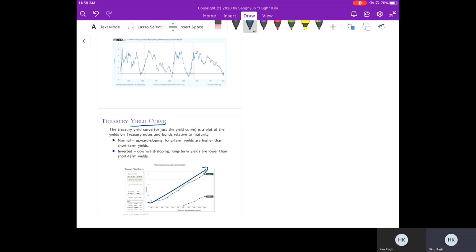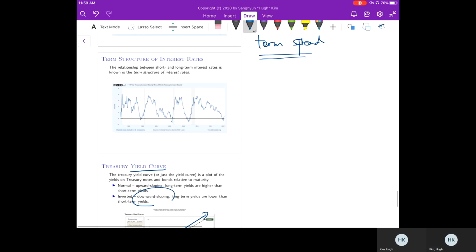However, sometimes the yield curve is inverted, so it may be downward sloping, meaning that long-term yields are lower than short-term yields, which is pretty unusual. Here, this figure shows the term spread between 10-year US Treasuries minus 3-month US Treasuries.